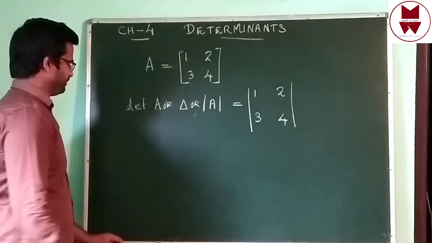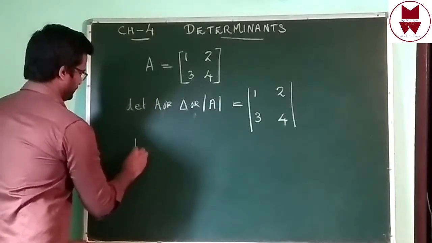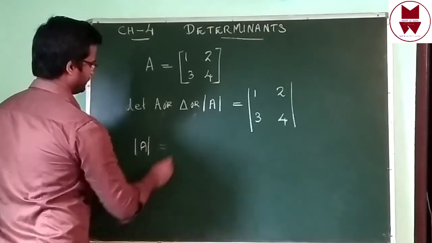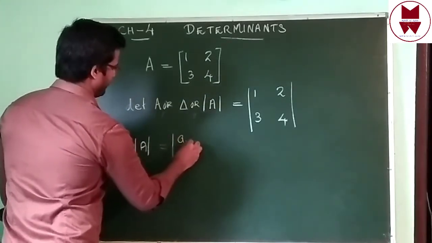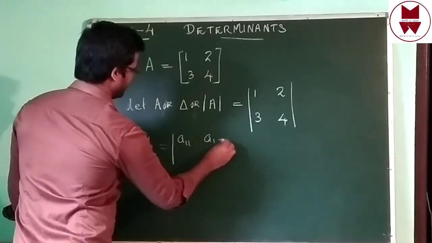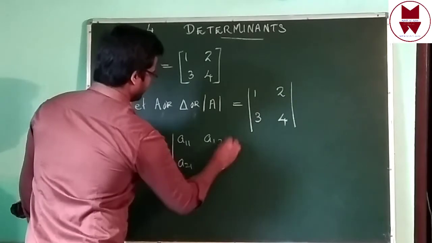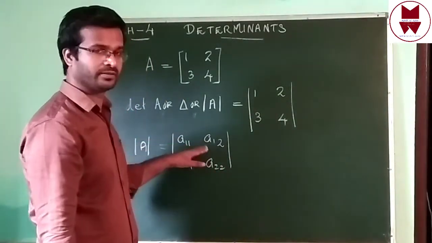Now we can see, determinant of A equal to determinant of A11, A12, A21, A22. This is a 2 by 2 matrix, isn't it?